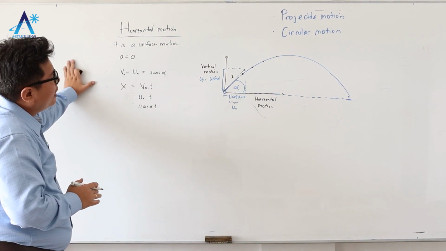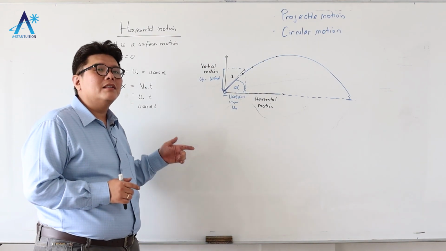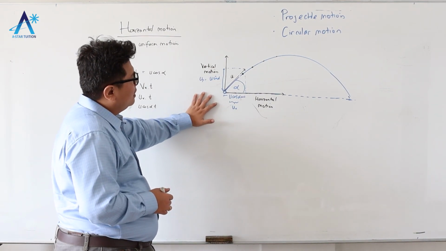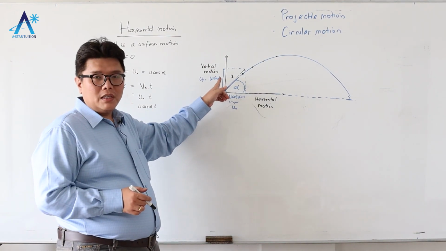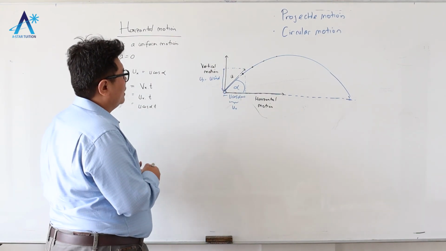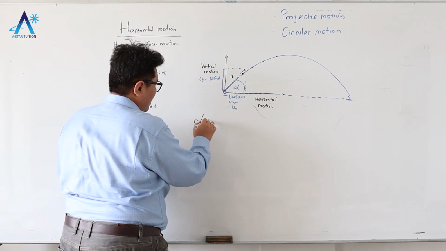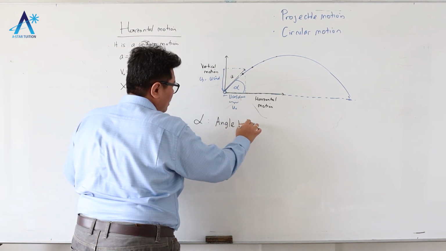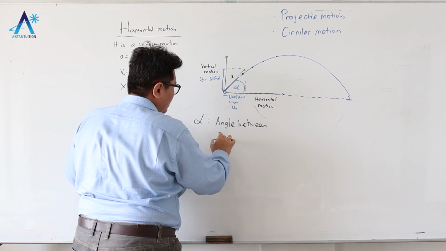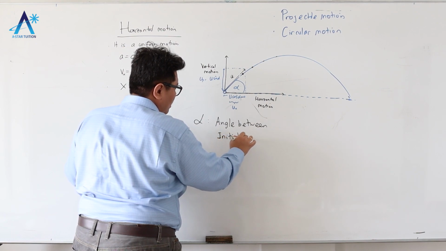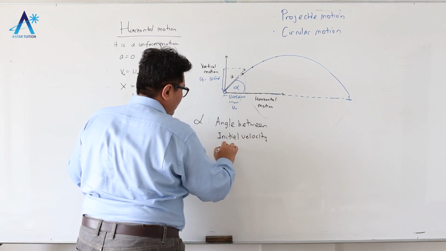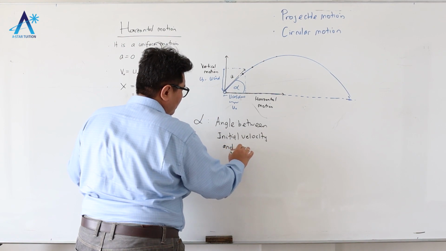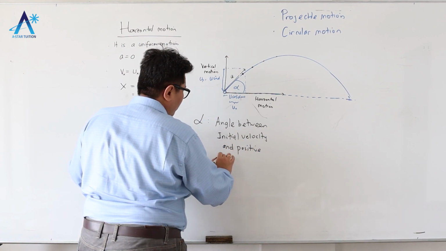Please remember how we define alpha. Alpha is defined as the angle between the initial velocity and the positive horizontal axis. So let me write it down: the angle between the initial velocity and the positive horizontal axis.